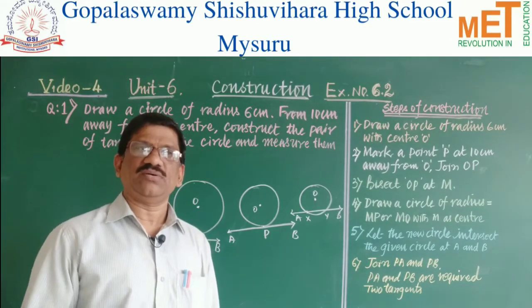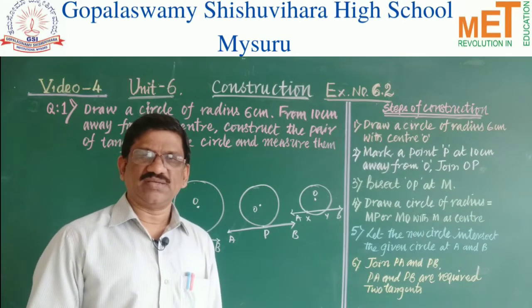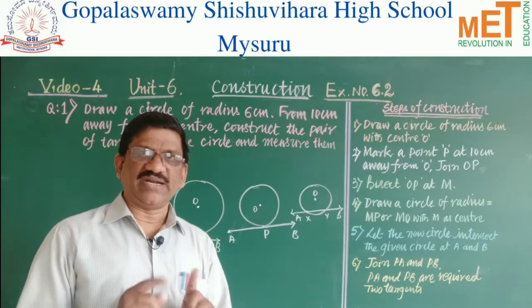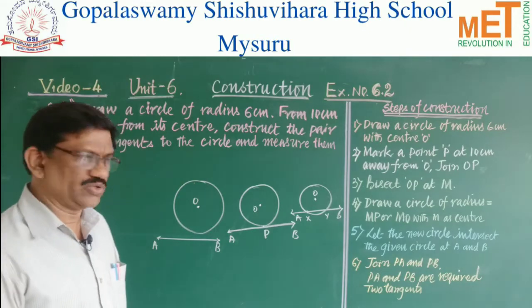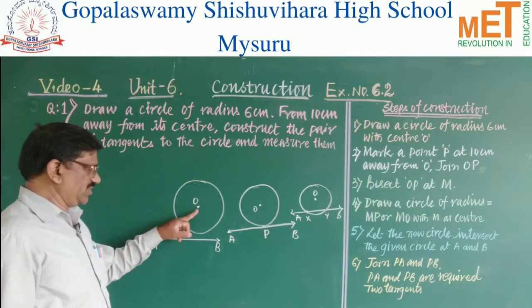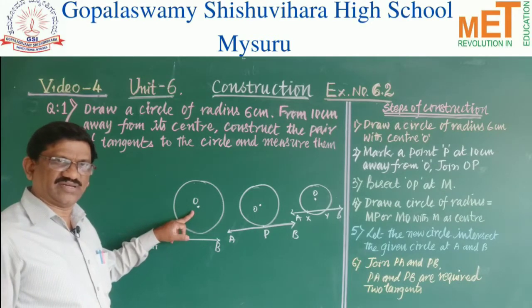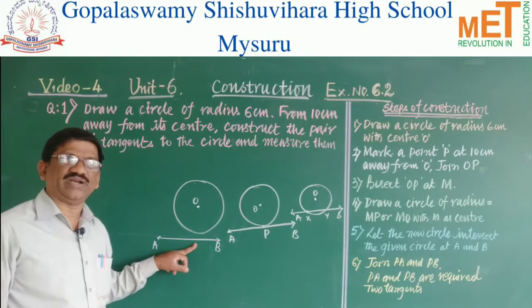One circle, one straight line, in how many ways can we draw it? We can draw it in three ways. One, the straight line doesn't cut the circle, doesn't touch the circle, it is away from the circle. In this way we can draw one type.